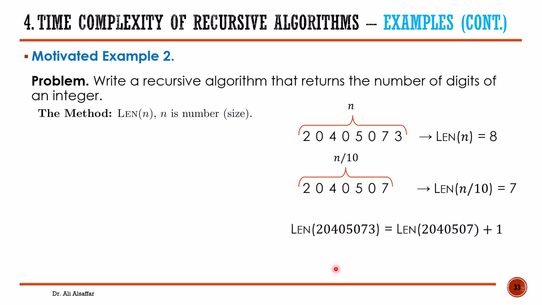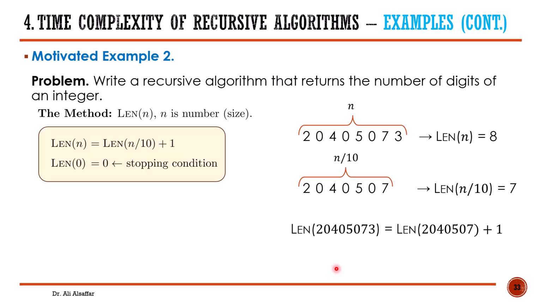So we can find the length of the number by finding the number of digits of itself without the rightmost digit, that is a 3, and it will be equal to 7, plus 1 for the rightmost digit. And this can be generalized by saying the length of an integer of size n is equal to the length when it is divided by 10, deleting the rightmost digit, plus 1 for the rightmost digit.